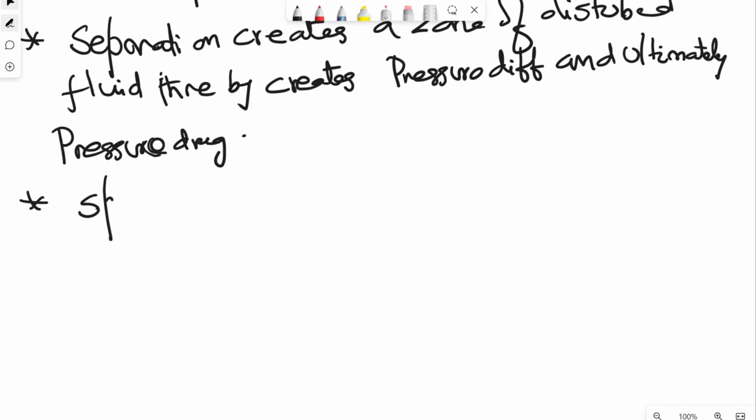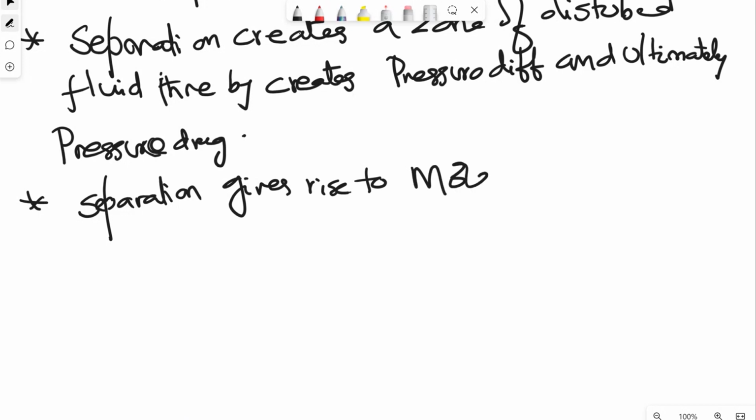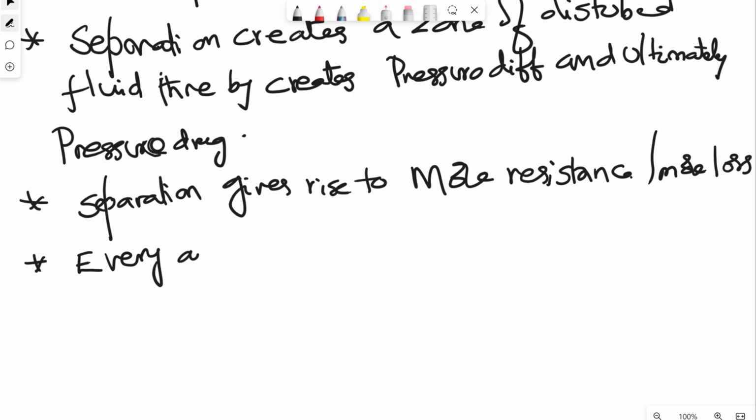Separation gives rise to more resistance, more loss. Every attempt should be made to avoid separation.